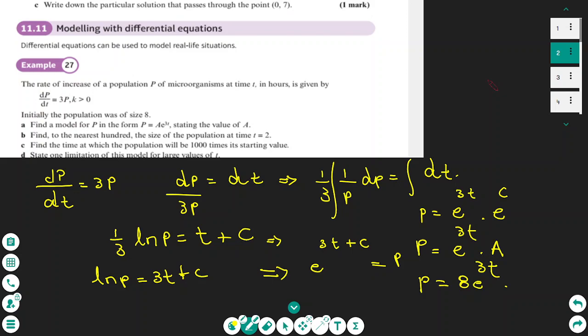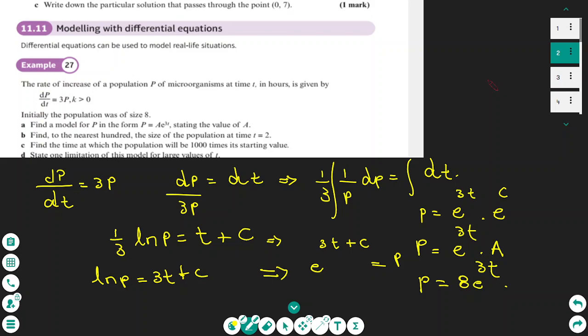So the first thing to do here is to start from the differential equation dP/dt = 3P and find a way to solve it to find an equation for P. This can be solved by separation of variables, by separating the P variables on the left and the t variables on the right hand side.